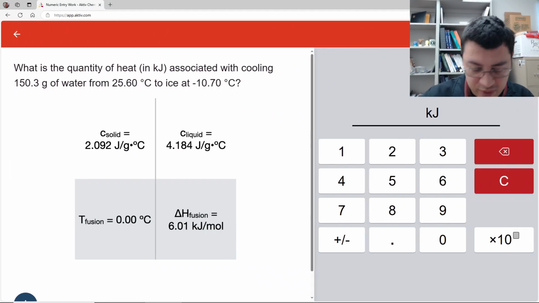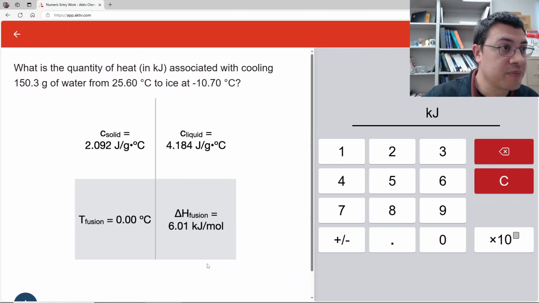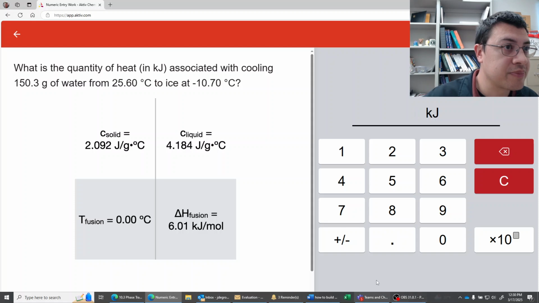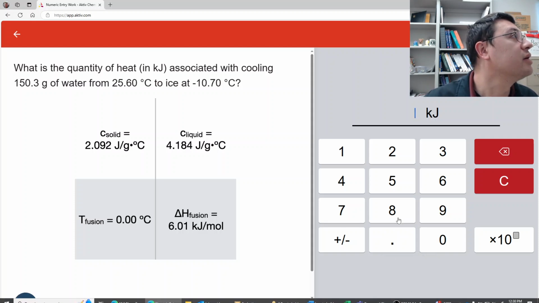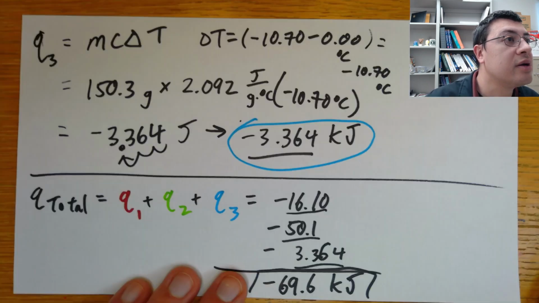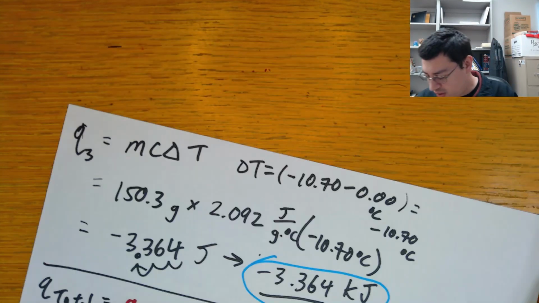The other way I would consider approaching the problem is you could pretend that you're calculating everything in a heat absorption sort of way.